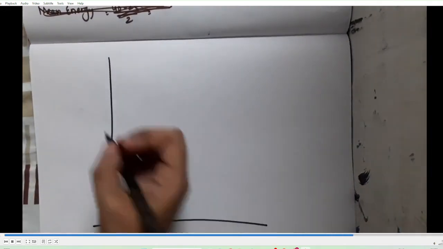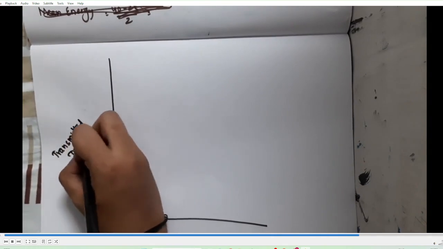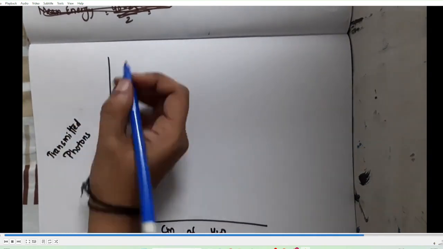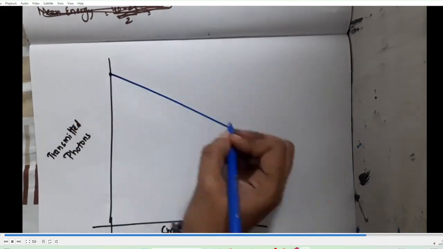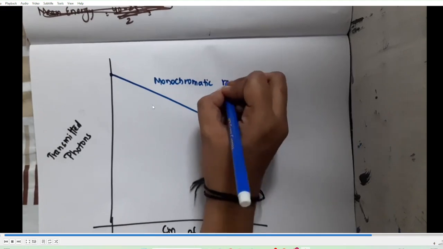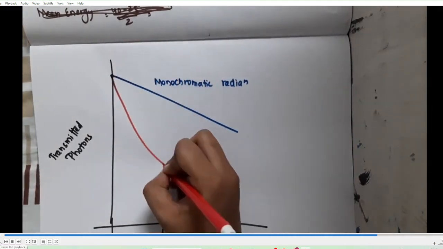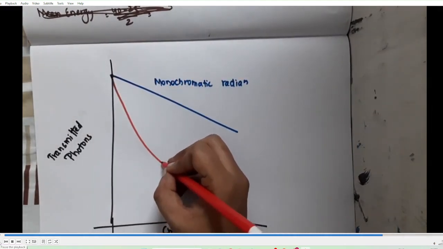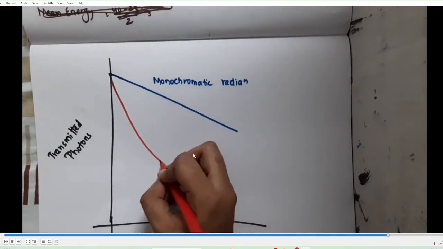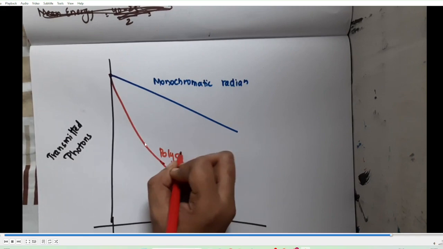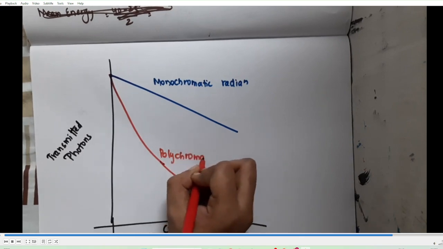So when you draw a graph with the percentage of transmitted photons against the centimeters of water or thickness of absorber on the x-axis, you will see two curves: one for monochromatic radiation, which shows linear attenuation, whereas for polychromatic radiation the initial slope of the curve is steeper because many low energy photons are attenuated by the first few centimeters of water.